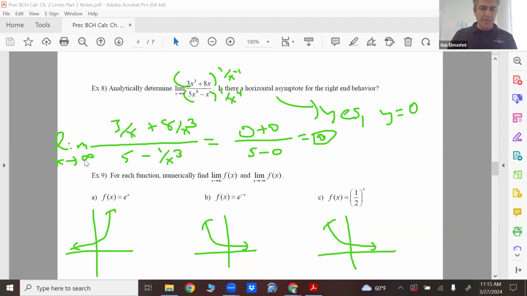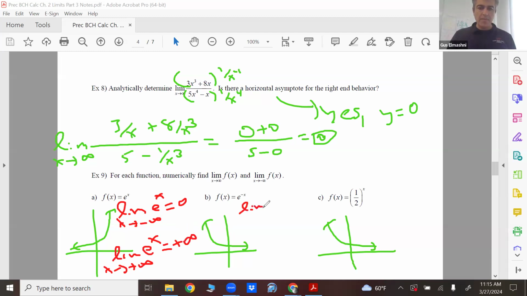I don't feel like writing this over and over again, but I guess we will. The limit as x approaches negative infinity of e^x, and the limit as x approaches positive infinity of e^x. Well, that's going to be 0, and that's going to be positive infinity.